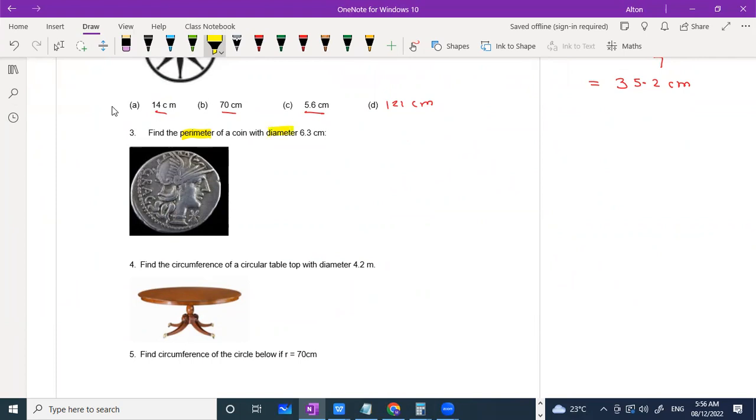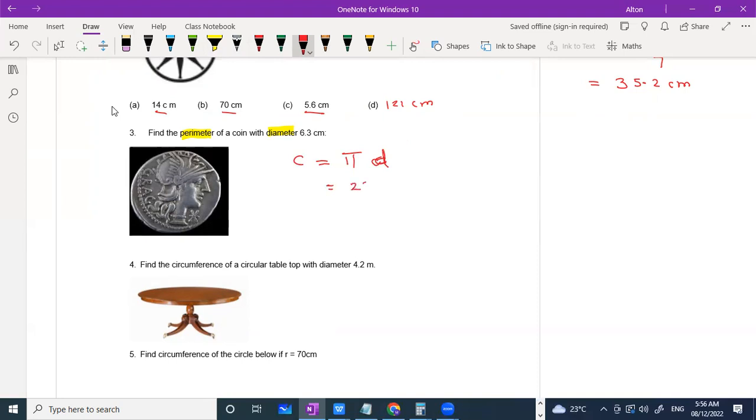We're also given the diameter. So the most appropriate formula to use is this one, pi multiplied by d, because you're given the diameter in this case, right? Pi multiplied by d.